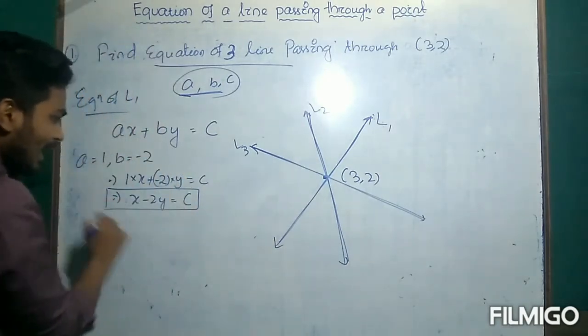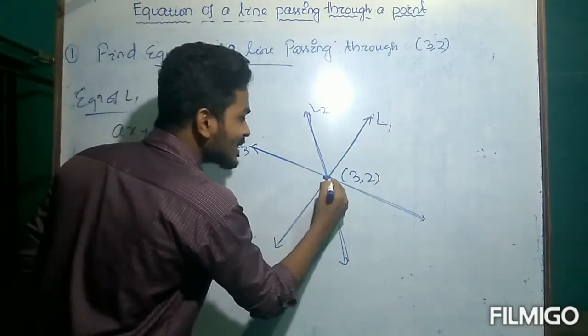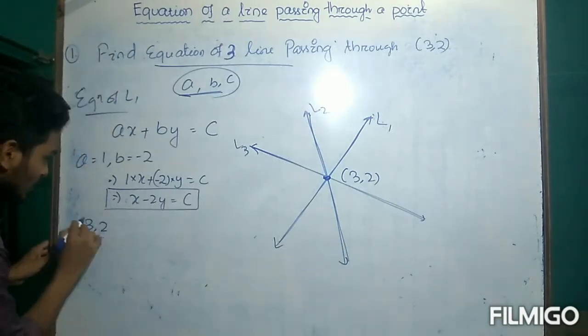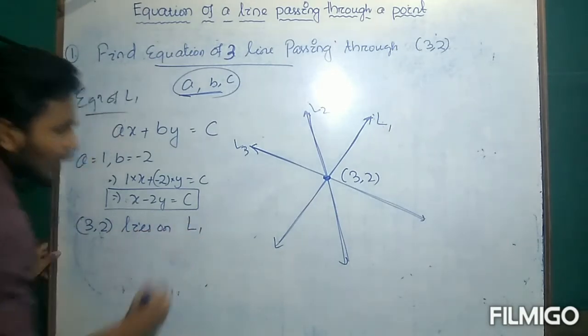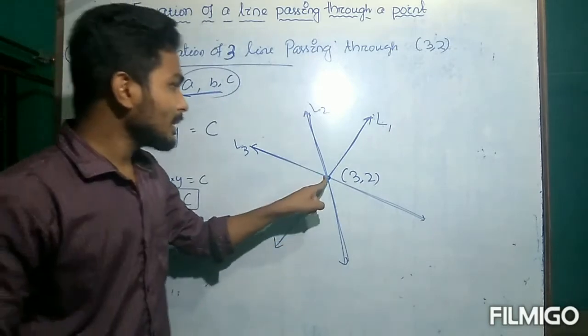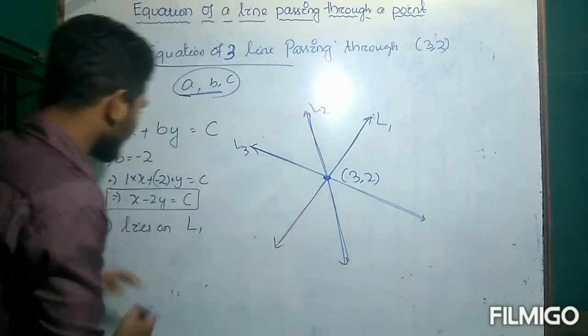Since this line or this equation or L1 line passes through the point 3, 2. Okay, so write it. 3, 2 lies on L1. Since it lies on L1, then according to the concept, this point should satisfy the equation of L1.